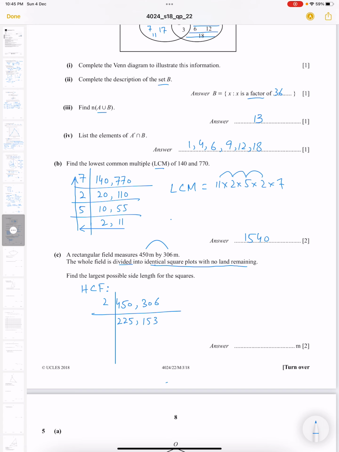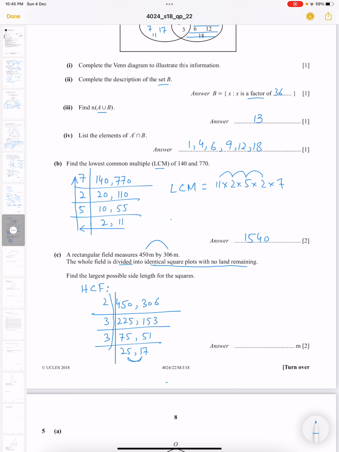They are both coming in the table of 3 again. Let's divide by 3. So we have 75 and 51. And here both are again coming in the table of 3. So divide them, we have 25 and 17. Now these both numbers are not coming in any table apart from 1.